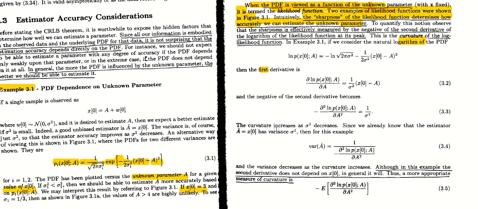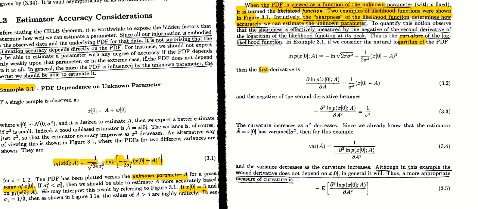So the curvature increases as sigma squared decreases. Since we already know that the estimator A equal to x0 has variance sigma squared, then for this example, variance of the A estimator will be just the negative, right?